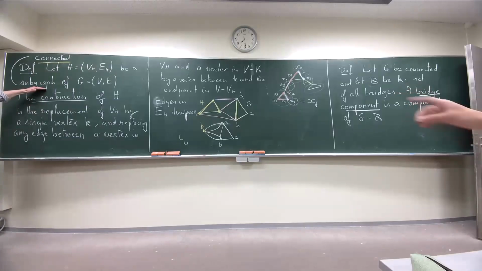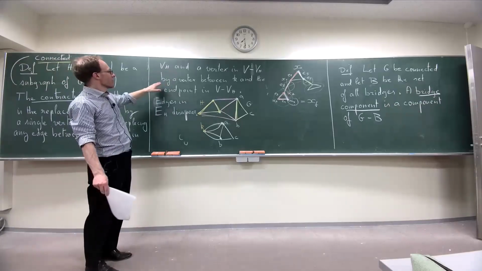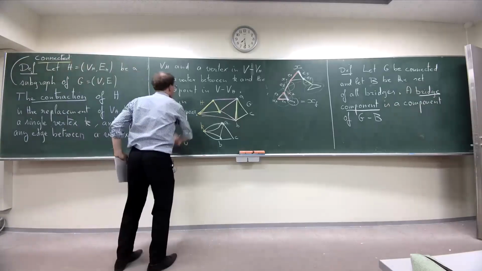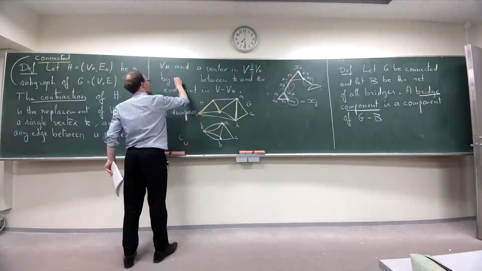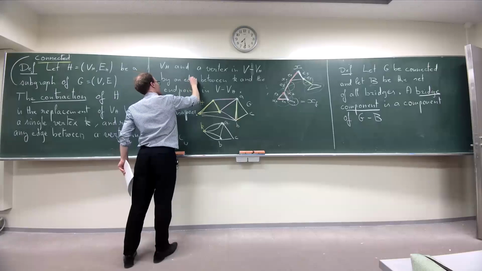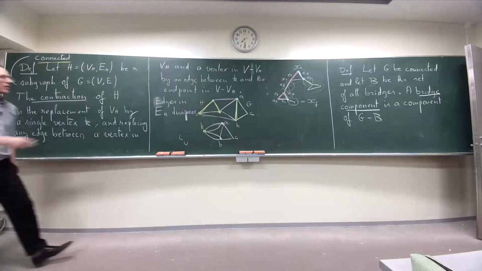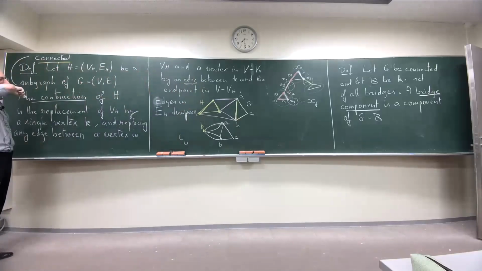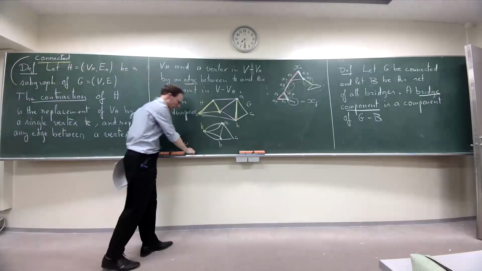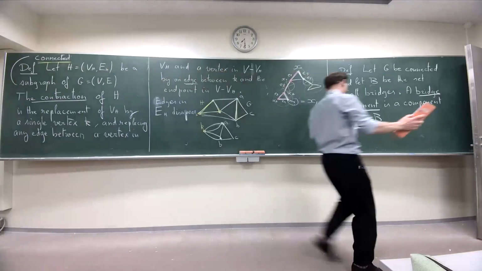Oh, you're right. It's not a vertex. Thank you. This is an edge. Yes, I draw an edge between K and the endpoint. Thank you. Sorry. And connected is probably necessary in the definition. You can check what happens if it is not connected. Probably we get something meaningless. Okay.